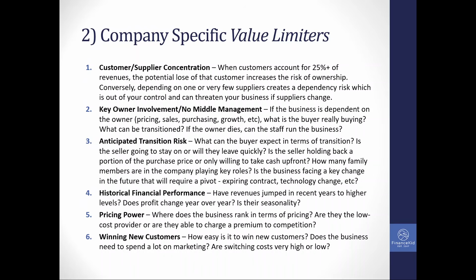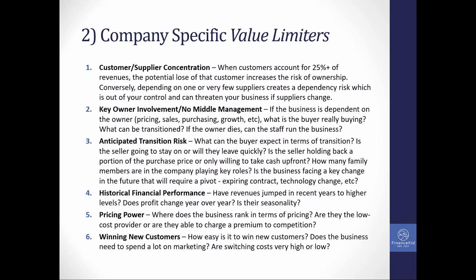Now, number 5 feeds into that as well. Pricing power means that I'm able to charge a premium for my services. If I'm in a commoditized sector, like I distribute steel, and I don't do anything with that steel, I just buy it from China, bring it to the US, and then distribute it, I can mark up a 10 or 15% gross margin, but I can't mark it up at 40% because there are other people that are going to sell that steel for a much lower price. So what is my pricing power as a supplier to my customers?